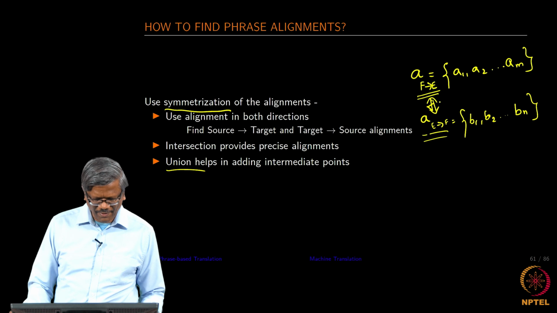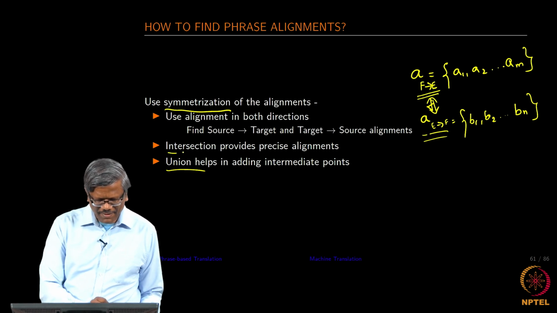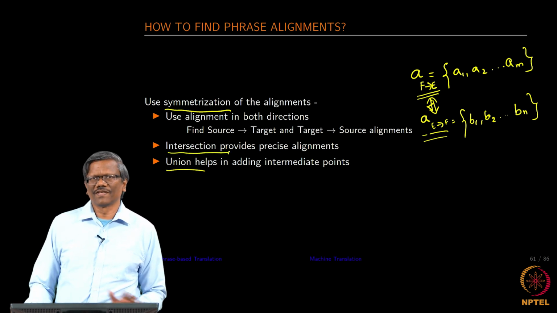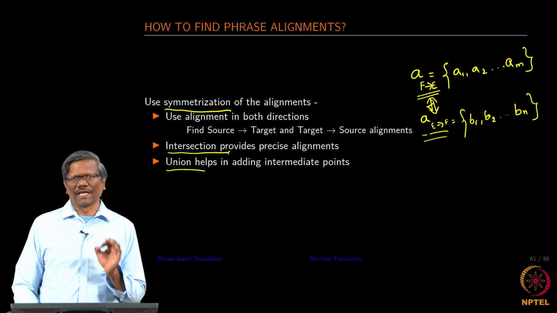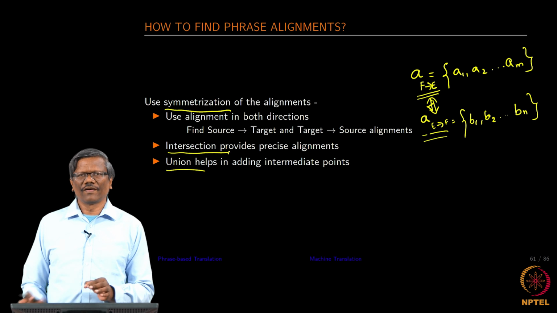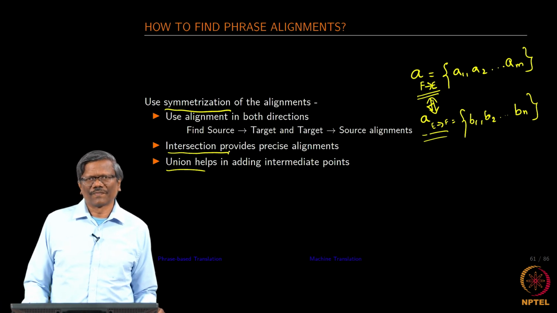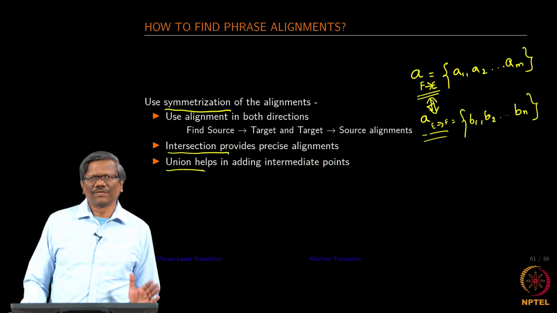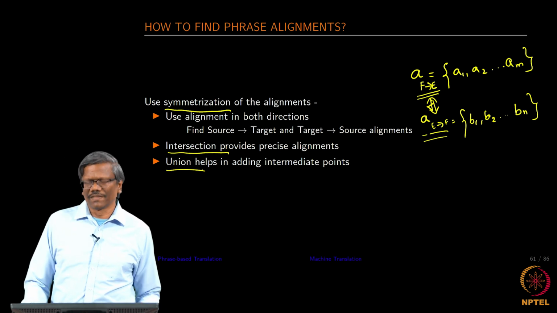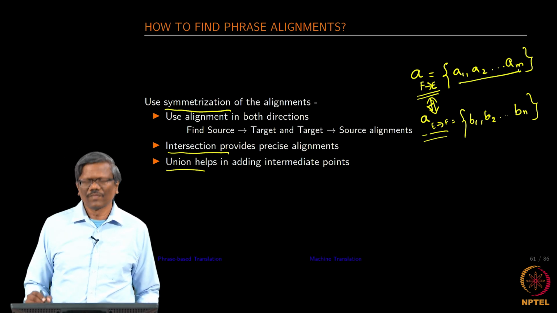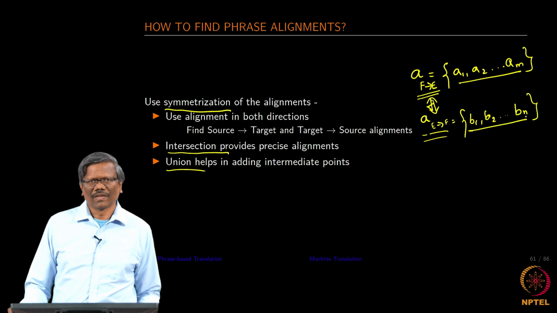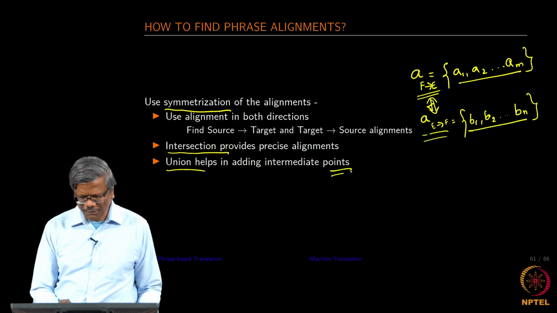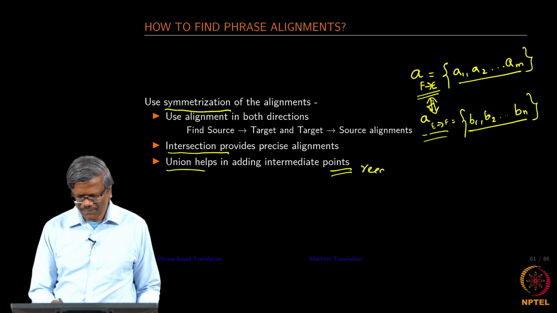When we take the intersection, it gives you a precise alignment. That means it gives only those alignment points which are very critical for translation. And then the union gives you the whole lot of alignments that are possible in both cases. So, the union is useful for recall, and the intersection is for precision.